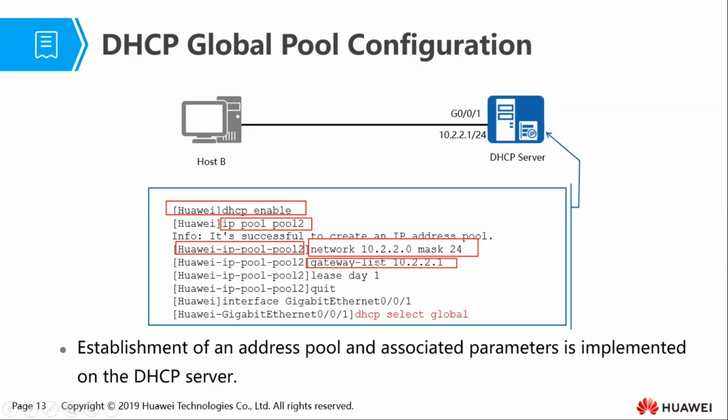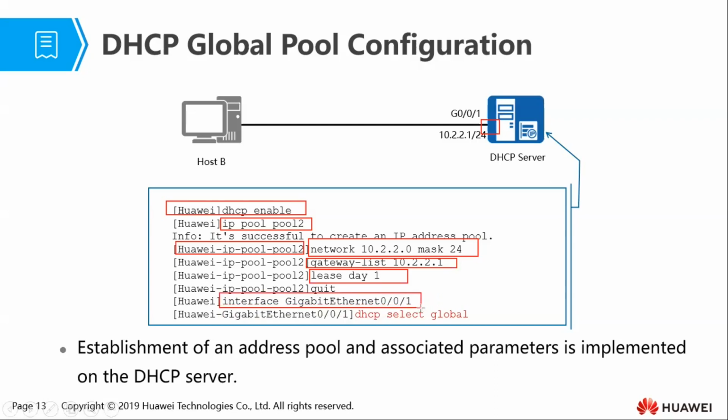So that is the address of the gateway. Then this is how you do the lease day. So here we're just leaving it to 1 because that's the default anyway. So lease day 1.